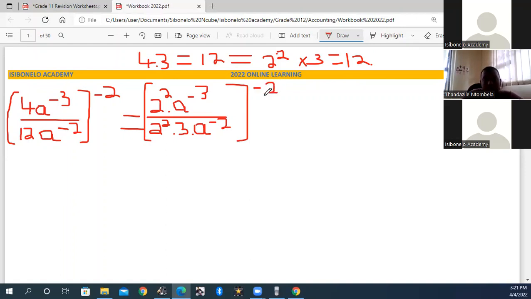Now sesizo apply i-rule. Khona i-rule engiyichazile izolo. I-rule yethu ithi if uzoba no x exponent n all over b exponent z, and then bese ufaka unikwa ama brackets lapha, and then outside brackets sithi mhlambe sino p.